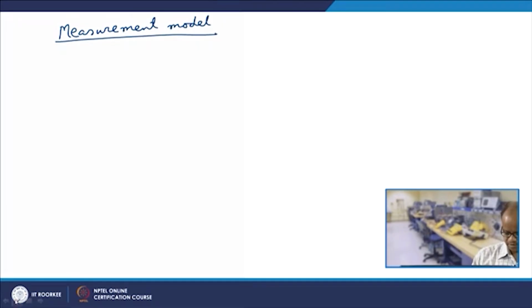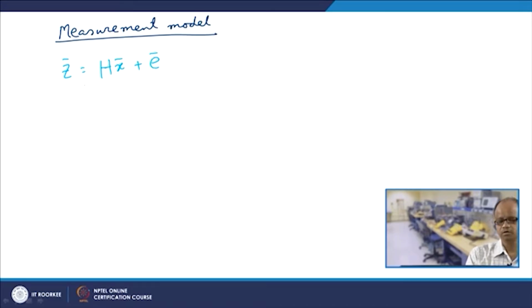As we have seen, our measurement model is Z is equal to Hx plus E.